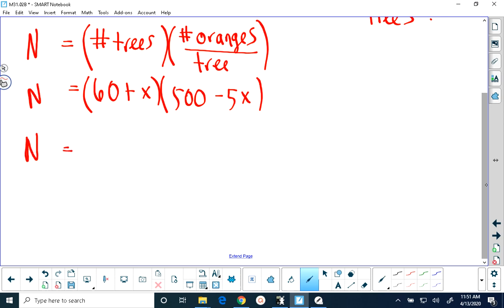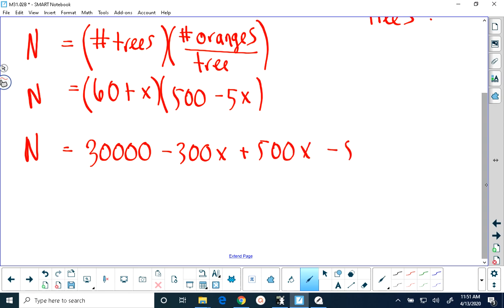Number of oranges would be, I'll FOIL it out, 60 times 500 is 30,000. My outer is negative 5x times 60, which is negative 300x. My inner is 500 times x, which is 500x. And my last is negative 5x times x, which is negative 5x squared.